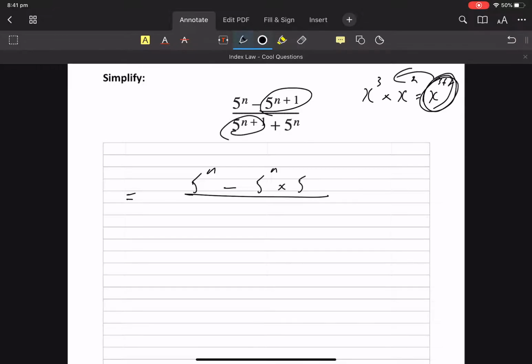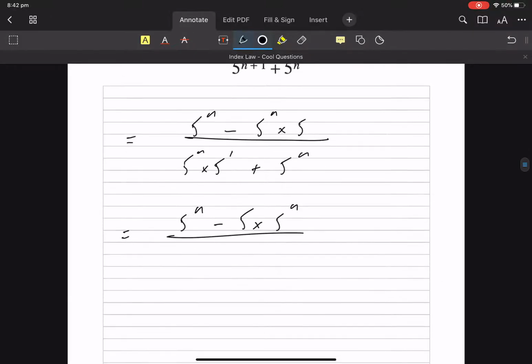Same thing here. That is 5 to the n times 5 to the 1 plus 5 to the n. I'm going to write that differently. 5 to the n minus 5 times 5 to the n. 5 times 5 to the n plus.